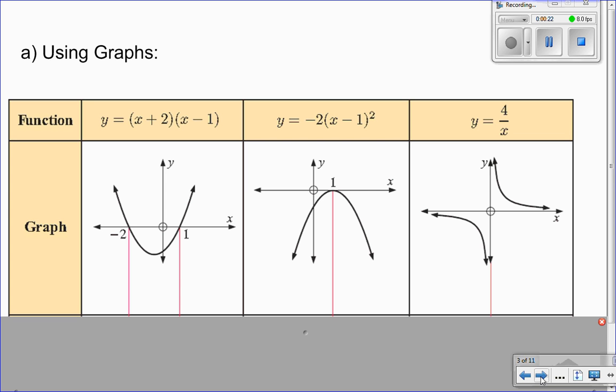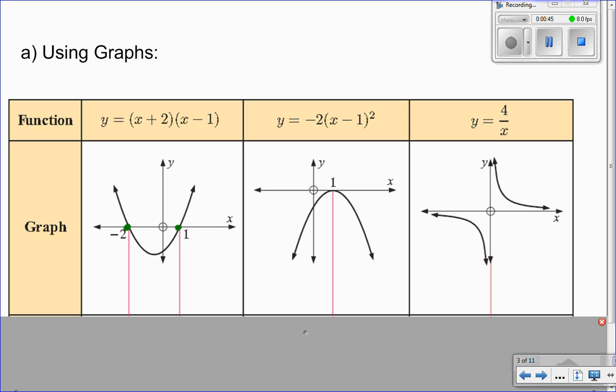So, looking at these graphs, if we were to illustrate these on a sign diagram, we would first show where the zeros are, and we can see the zeros of this function are at x equals 1 and x equals negative 2.